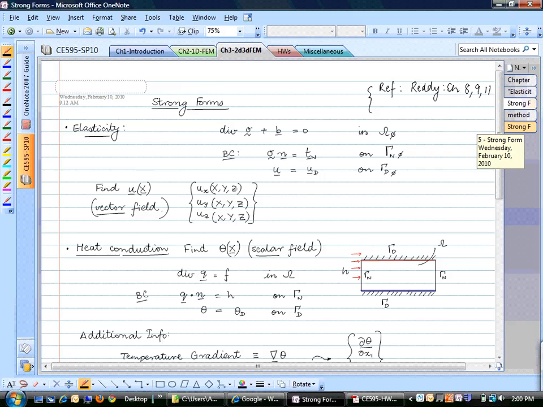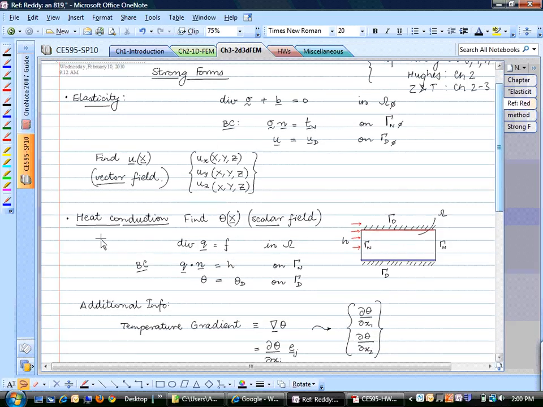And from the Hughes book, you have chapter 2, and from Zienkiewicz and Taylor, you have chapters 2 and 3. So in Reddy's book, we've covered until chapter 4. Chapters 5, 6, and all those are about beam theory and some eigenvalue problems. So we'll come back to beam theory later, but chapters 8 and 9 are about these 2-dimensional problems. Okay.